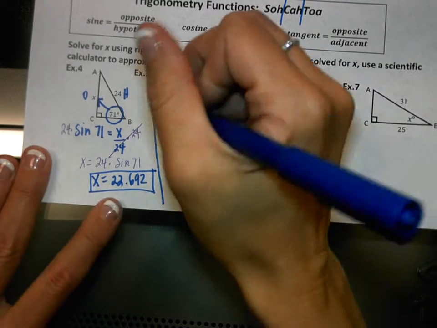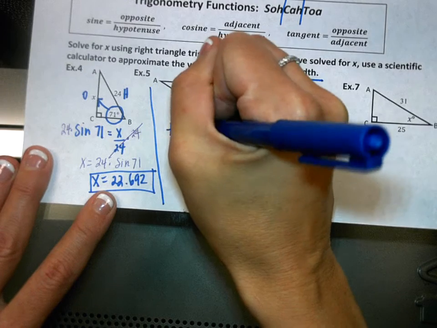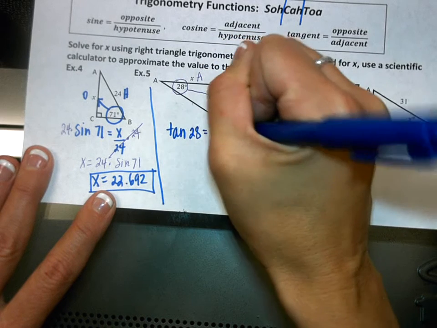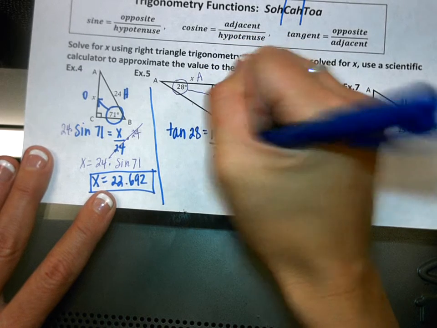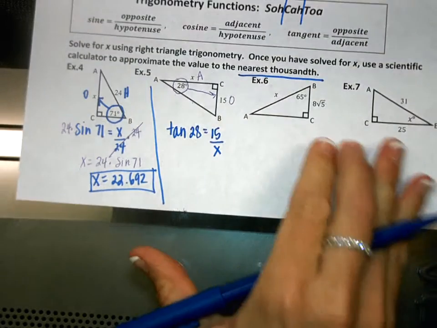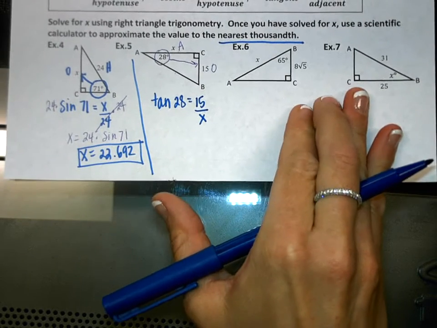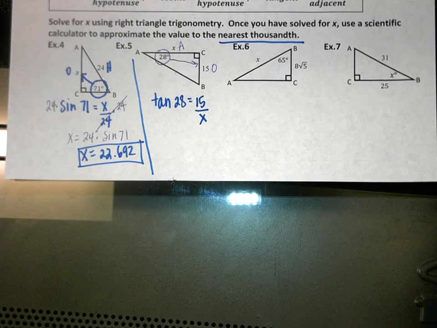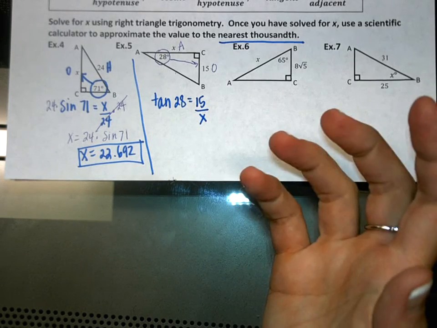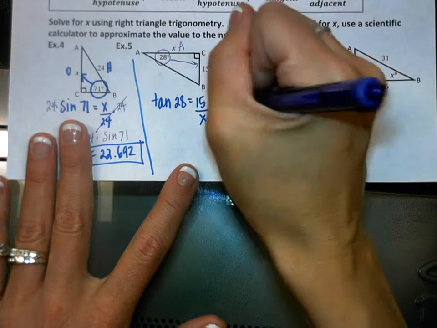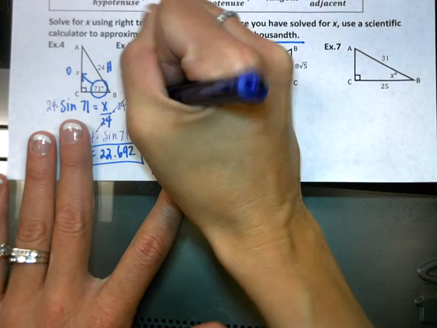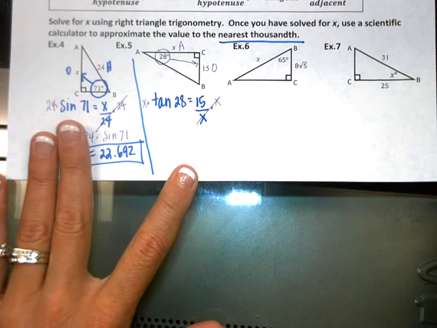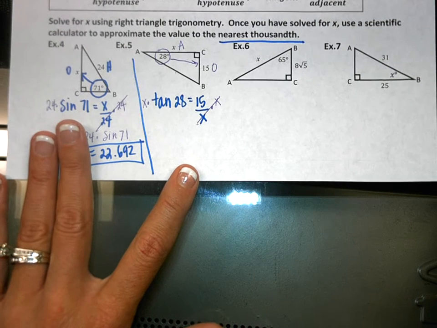Very good, tangent. So we write this as tan of 28 equals 15 over x. Now, again, we want to get x by itself. Do you guys agree? There's multiple ways of doing this, but I would start by multiplying by x to both sides to eliminate the fraction. And then what would you do now to get x by itself?